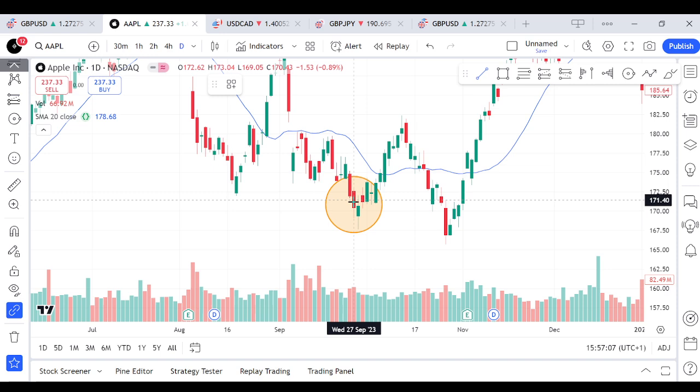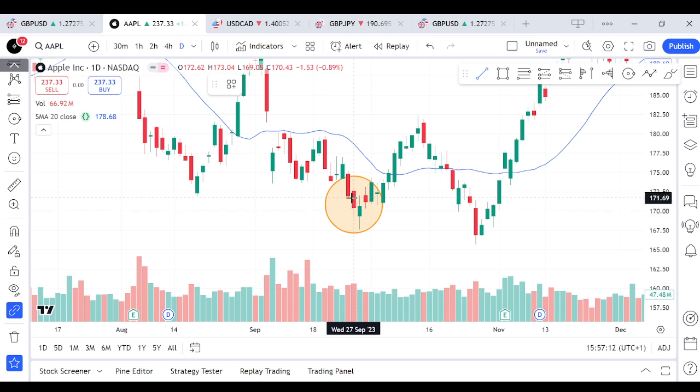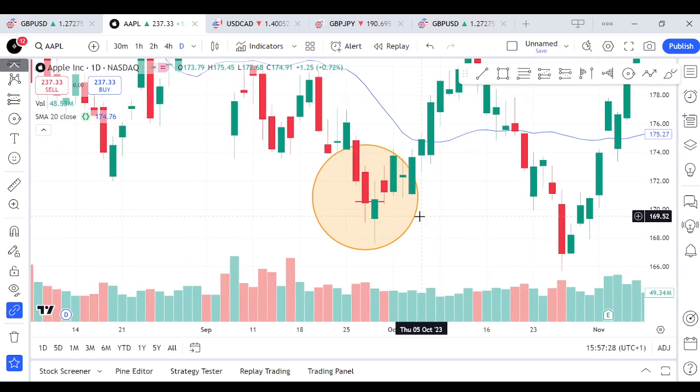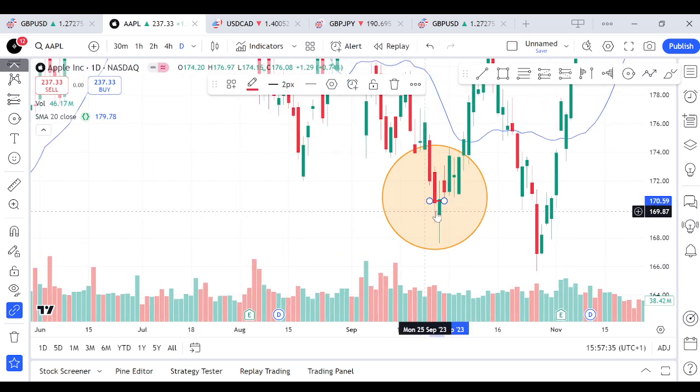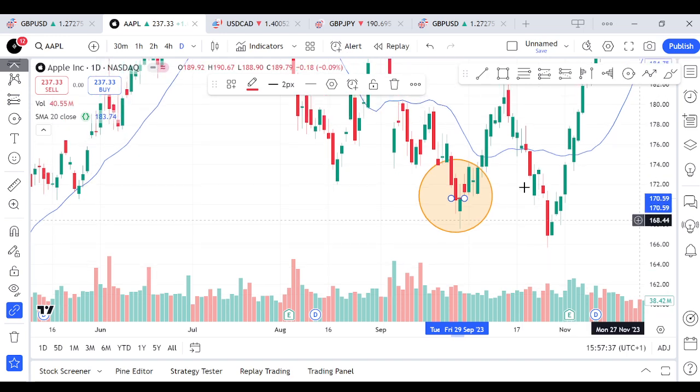You can see this one here, this long red candle indicating continued selling pressure, and you have the green candle open below it and close almost exactly at the closing price of the first day's candle right here. You can see that close.